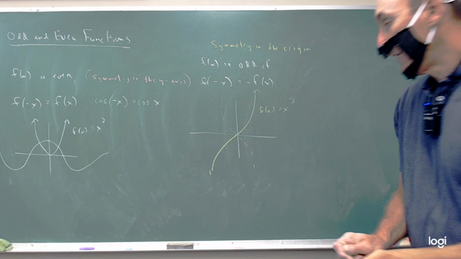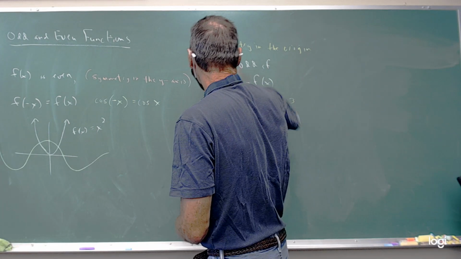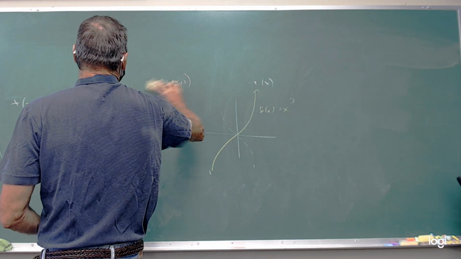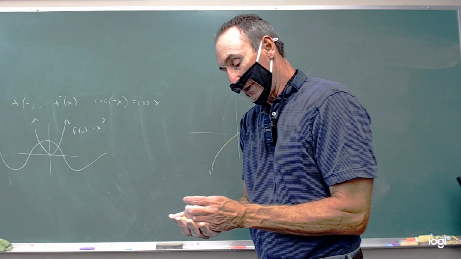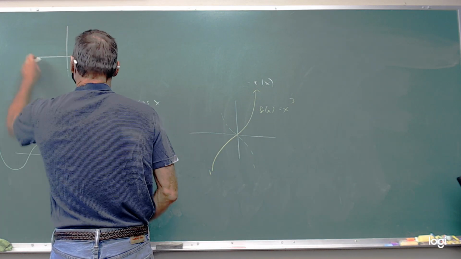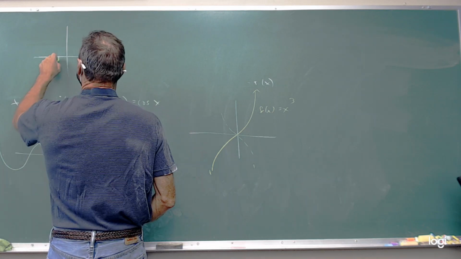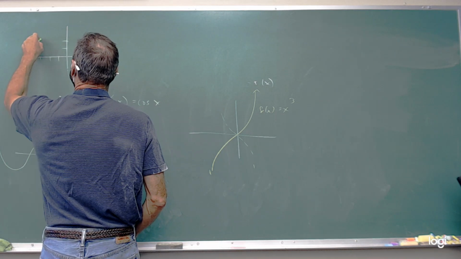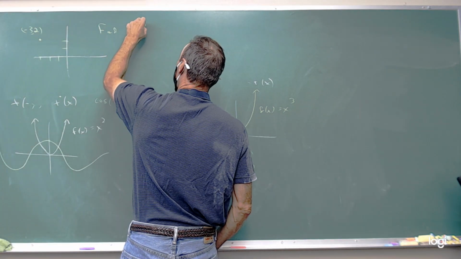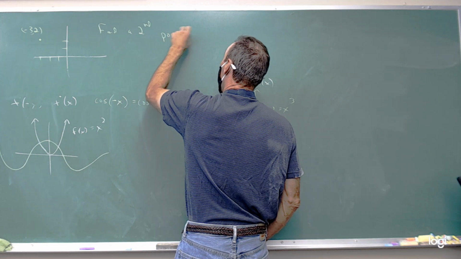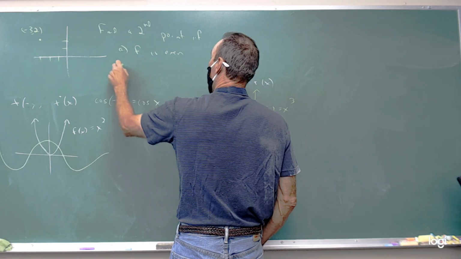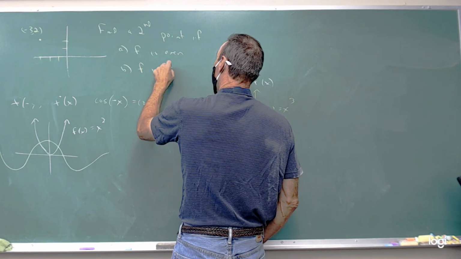Okay? So let me ask you an interesting question. I'll give you a point and ask you where there must be another point if the function is either odd or even. So here's a point, negative 3, 2. Can you find a second point if A, f is even, or B, f is odd?